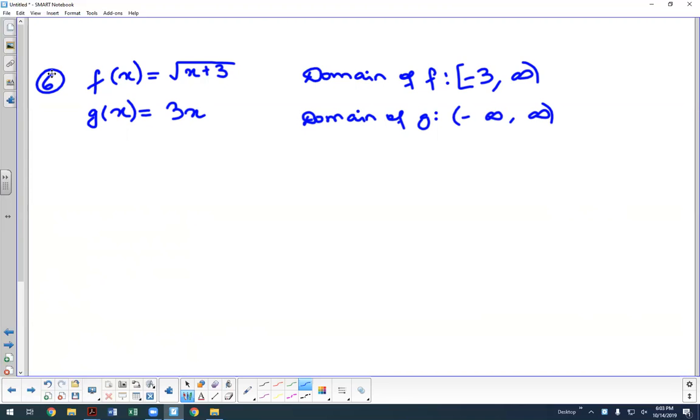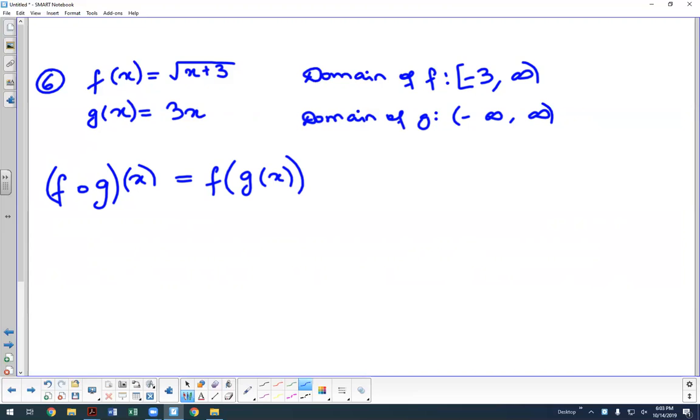Now in this example, they're asking us to find f of g. And since we're doing this in generic terms, we'll definitely use the x as part of our function notation. So here, f is the outside function, g is the inside function.